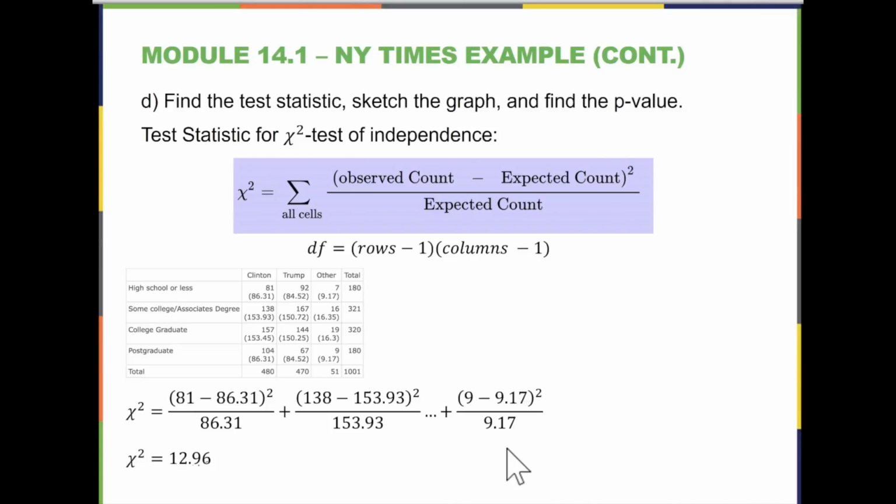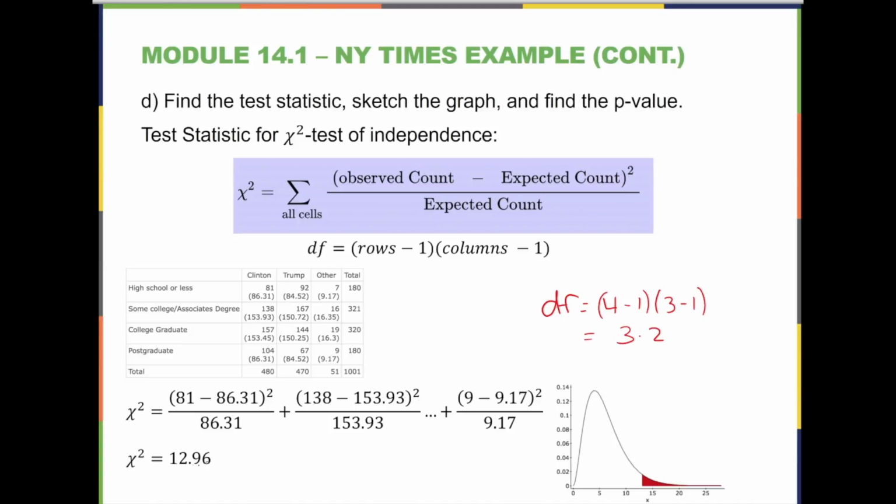Next, I'm going to place 12.96 on the chi-squared distribution. Now this chi-squared distribution comes from the degrees of freedom. So since I have 4 rows and 3 columns, I have 6 degrees of freedom, which means this peak right here is at about 4.